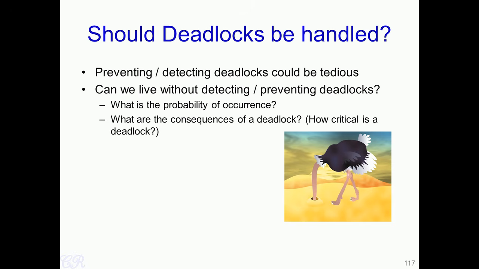Now, the next question is, in a system which could have deadlocks, should deadlocks be handled? So, this is a debatable question. Essentially, it is not an easy thing to answer, because the cost of having prevention mechanisms or to detect deadlocks is extremely high and it will cause huge overheads in the operating system.